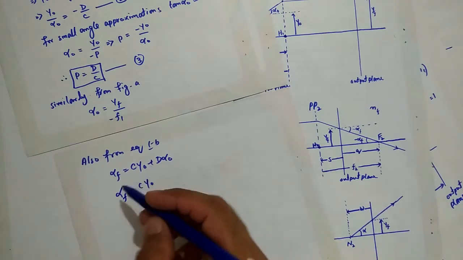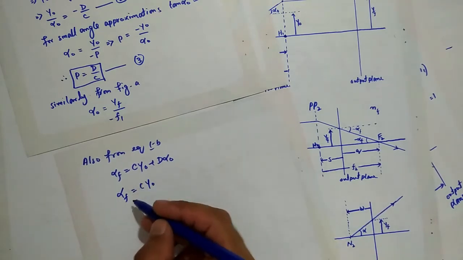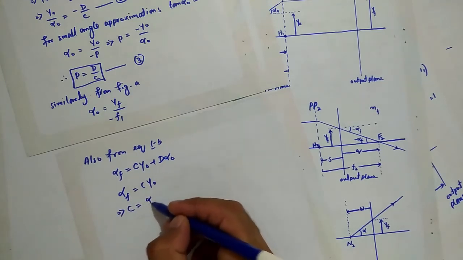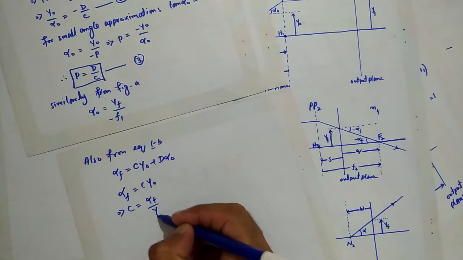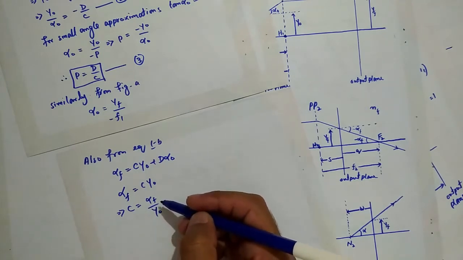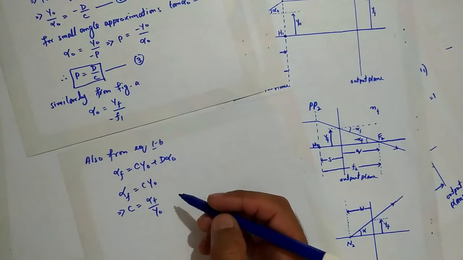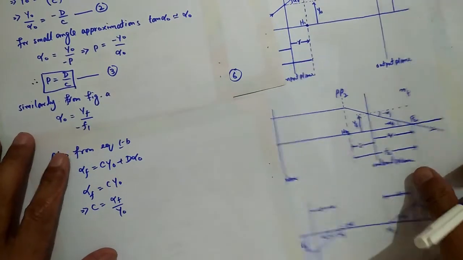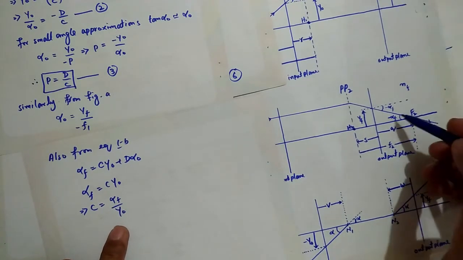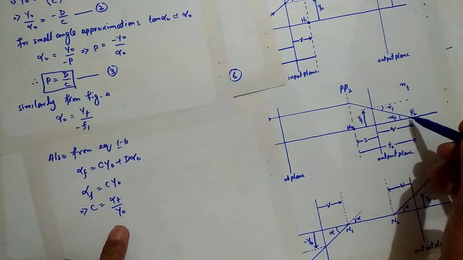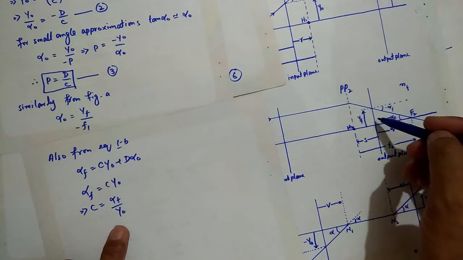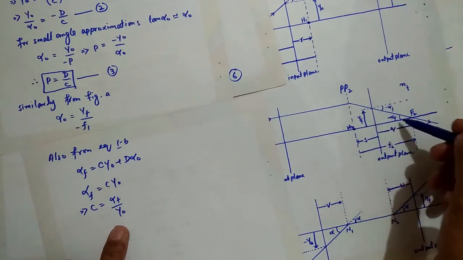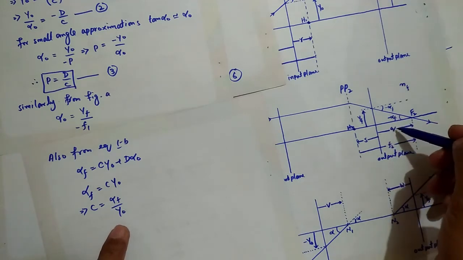Or C will become equal to alpha f over y naught. Clear? And alpha f from this figure, alpha f for small angle approximation, alpha f will be equal to yf divided by q.